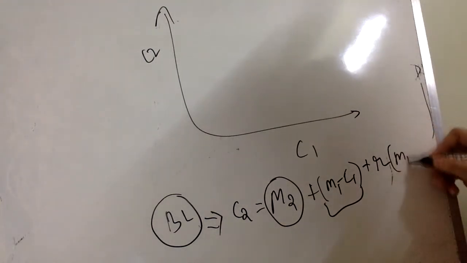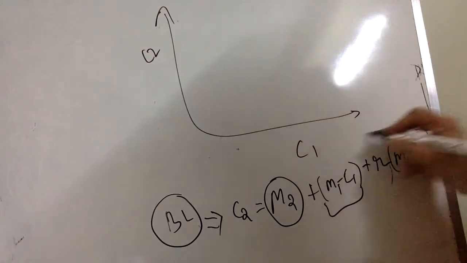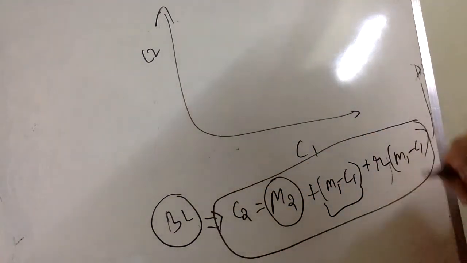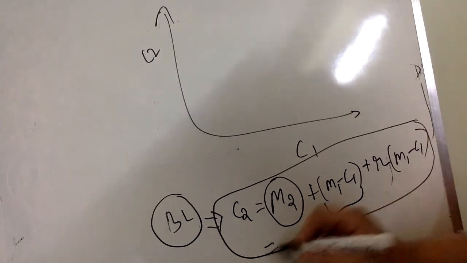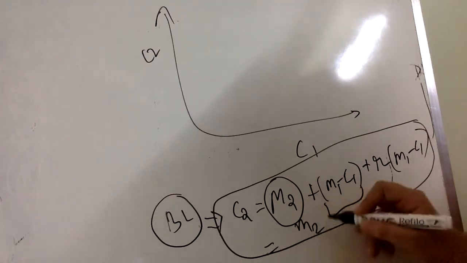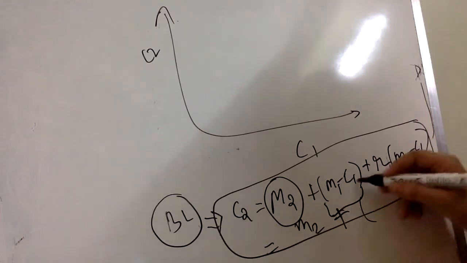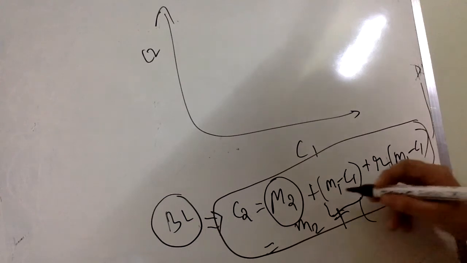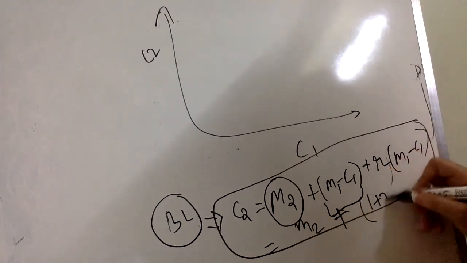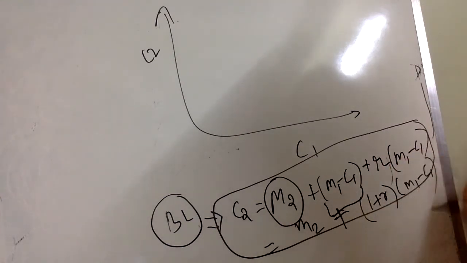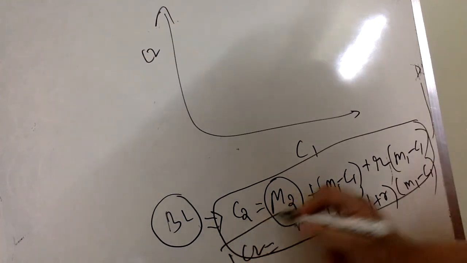So R times M1 minus C1 becomes part of my equation of consumption in period 2, and I can rearrange it like this. It is equal to M2 plus, taking M1 minus C1 common, 1 plus R times M1 minus C1. This is the equation of the budget line.